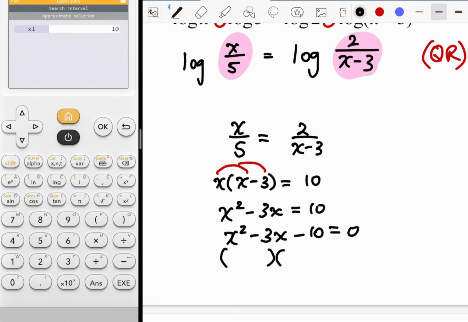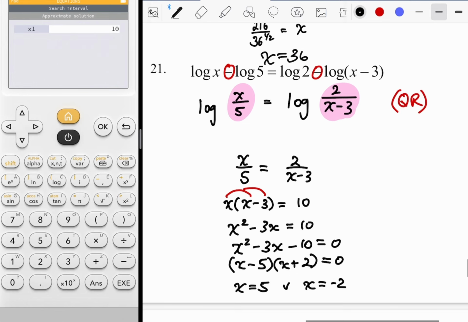Factor x and x. Thinking 5 and 2 to get me to a 10. So if it's negative 5 and positive 2, that'll multiply to negative 10, but then also add to a negative 3 and a negative 3x in the middle. So I get x is equal to 5 or x is equal to negative 2. I'm just going to have a quick look back to my original equation.